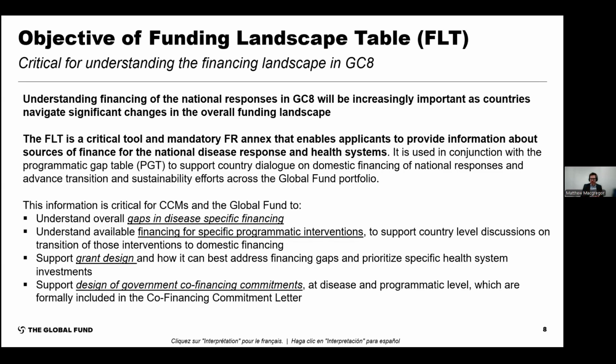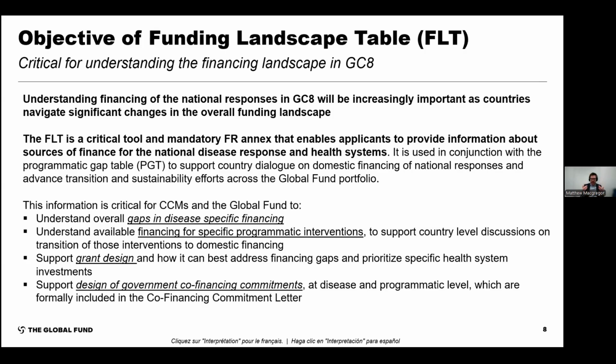It's really critical because it helps CCMs and the Global Fund partnership overall to understand a few really important things. The overall gaps in disease-specific financing. Where is it that we're not seeing enough financing, either from external or domestic sources? The available financing for specific programmatic interventions.